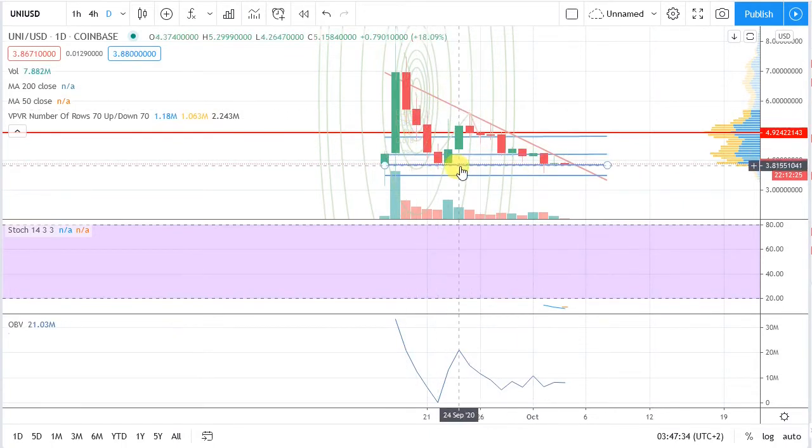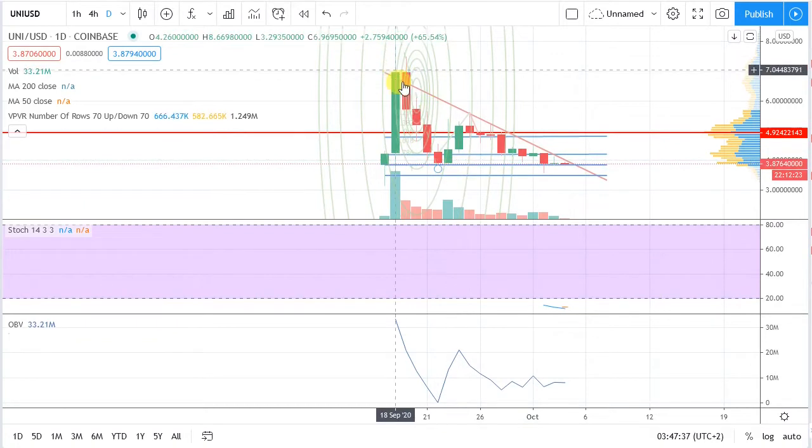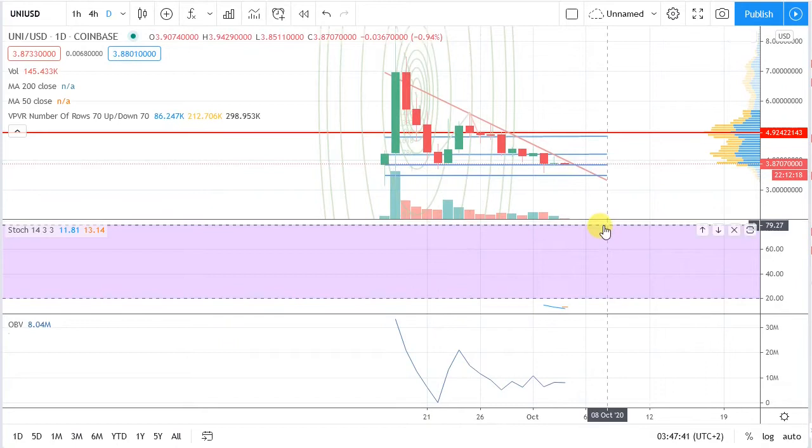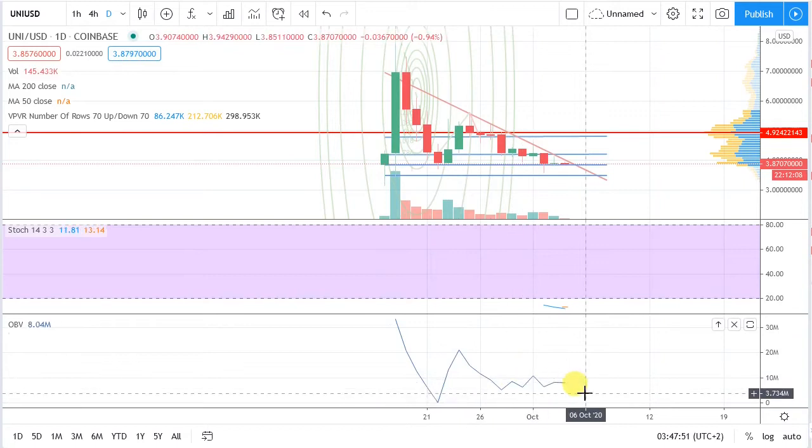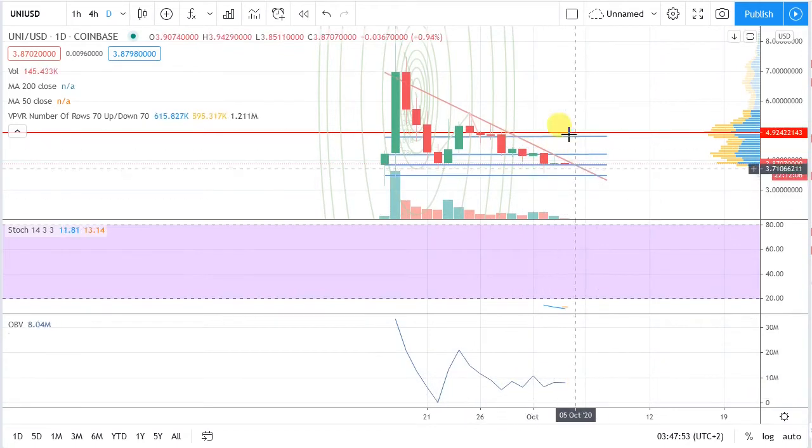I feel sorry for the people that wanted to sell here and they waited down to this bottom point, but then we rallied and now we're continuing on, and there's not enough price history here for the stochastic. On the 1 day, on balance volume is looking like distribution is going on and there's nothing here to write home about. So we can see that we are sailing right in at this support that I have drawn at $3.85. And if we violate that, the next stop is going to be down here at $3.50.